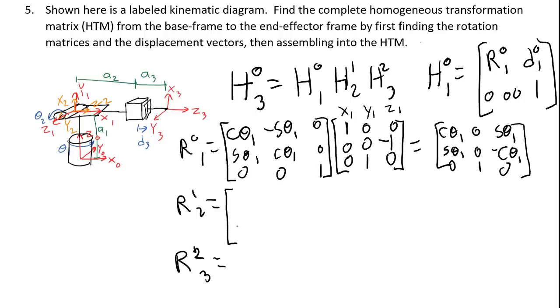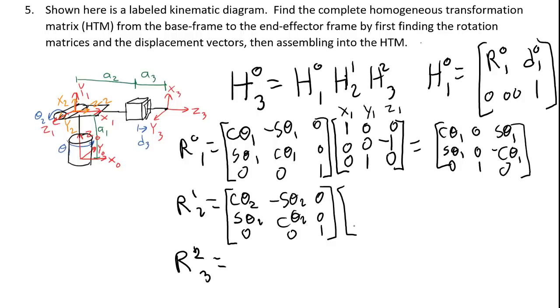Joint number 2 is also a revolute joint, so I need this first part of the matrix. The only difference is that I'll put theta 2 in there. Now, I'm going to look at how frame 2 is rotated relative to frame 1 right now. X2 is in the same direction as Y1.